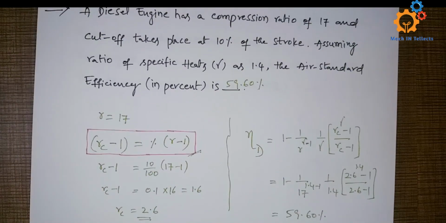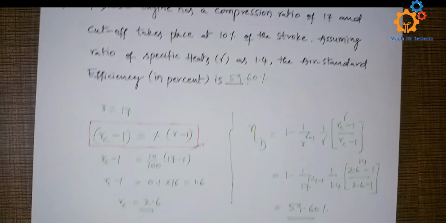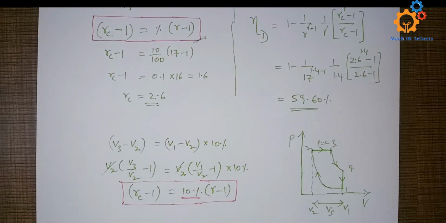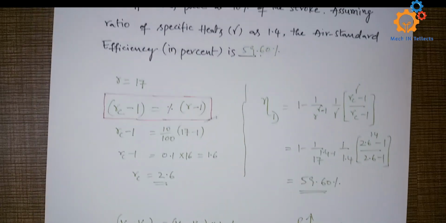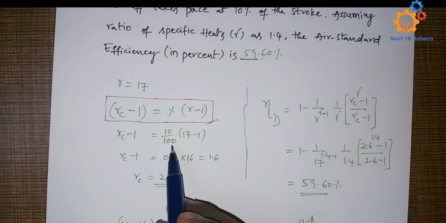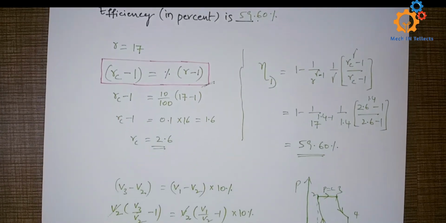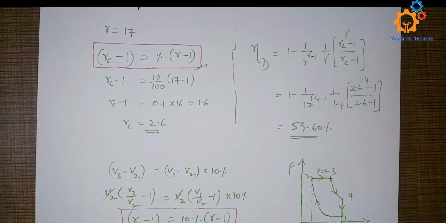In the question we have 10%, so I used the same 10%. If in the question he had asked about cutoff taking place at 12% of stroke volume, then it will be 12 by 100, that is 0.12. That is how you have to save the time in the exam.